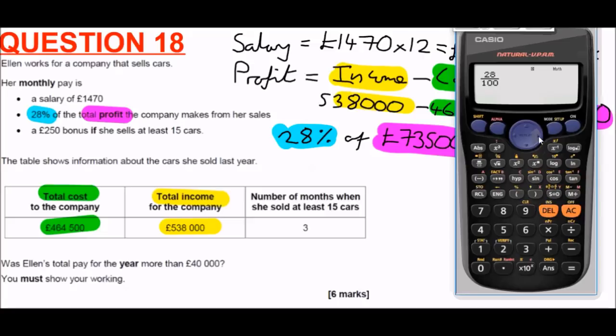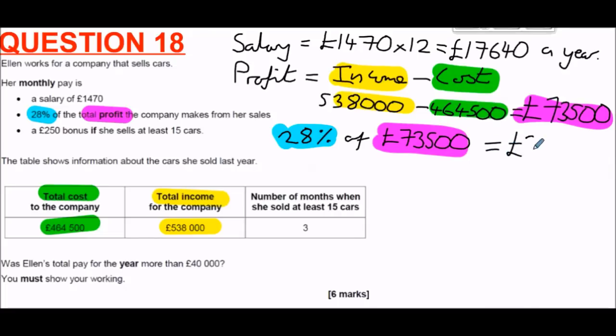That's your percentage bit done. So it's that percentage multiplied by 73,500. So again, use these buttons carefully with your calculator, as I just didn't there. And that equals £20,580.